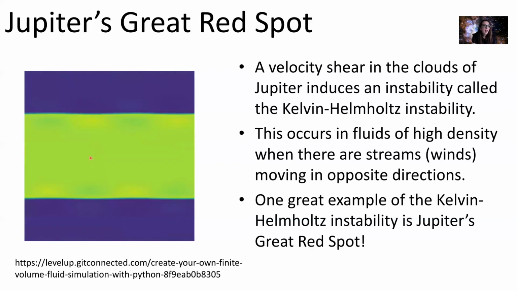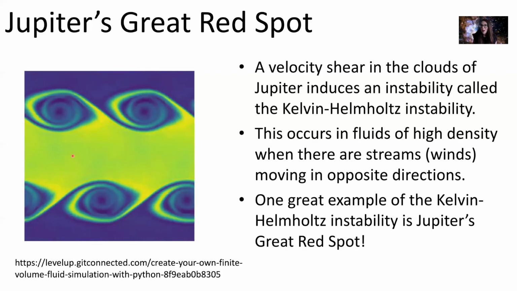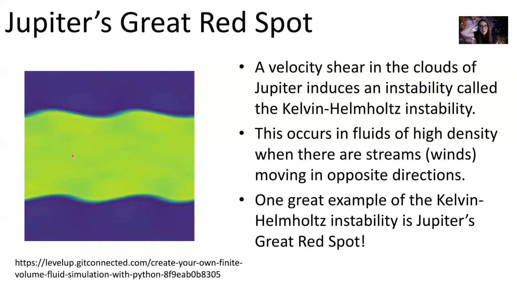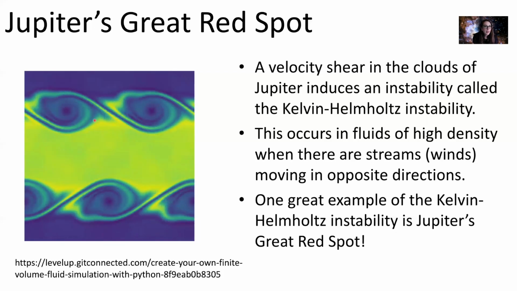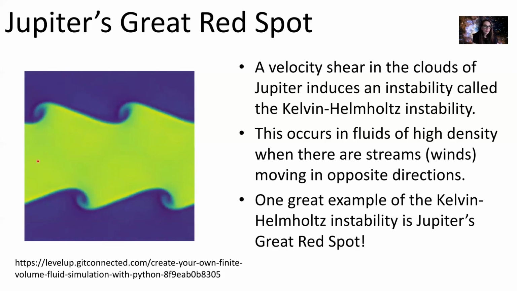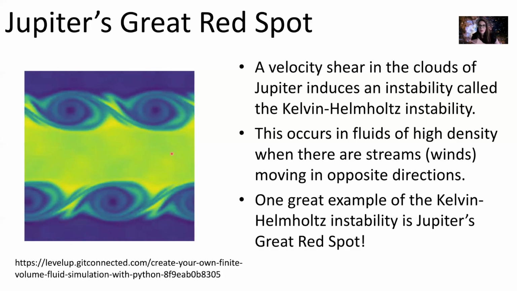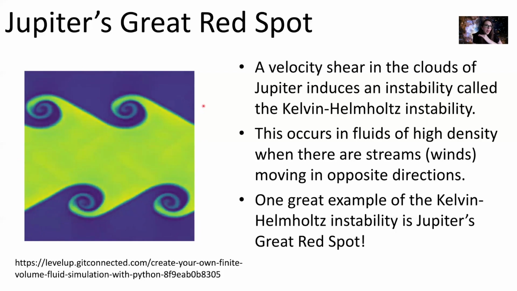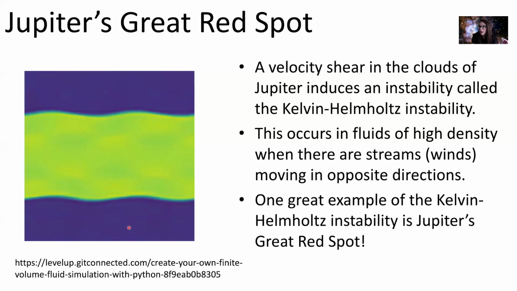So here we have an example of this. This is from a simulation that you can type up in a computer program in order to create one of these Kelvin-Helmholtz instabilities. So in green, we have a structure of material, of fluid that's flowing to the right. And then we have in blue material that is flowing in an opposite direction.